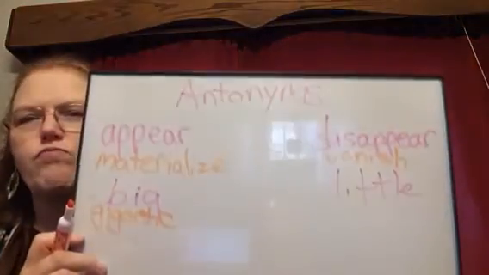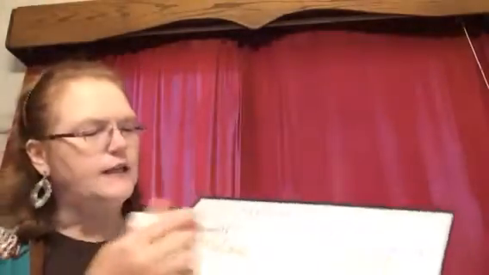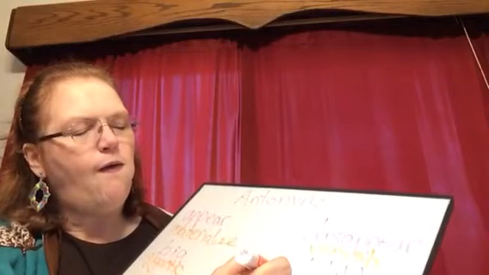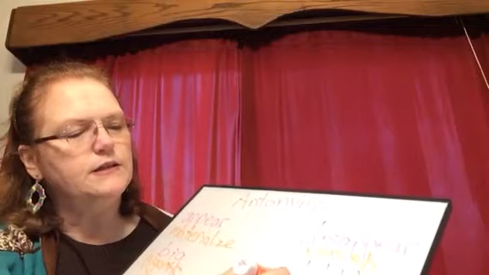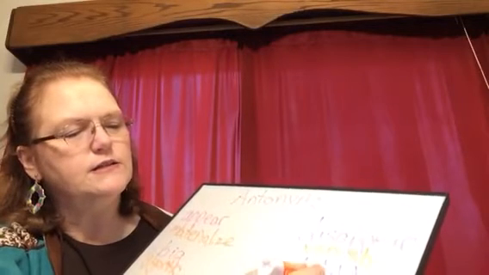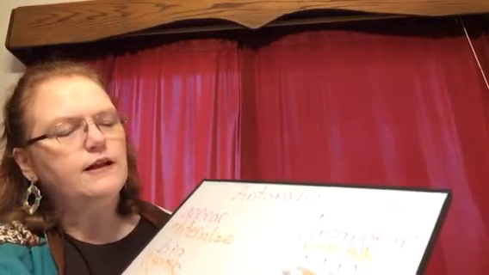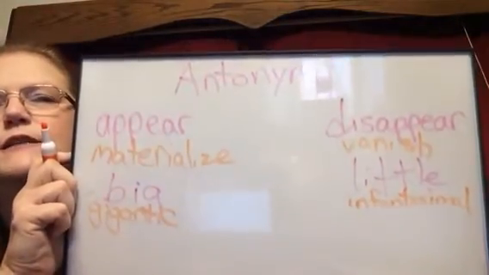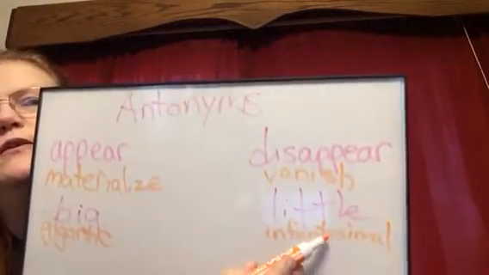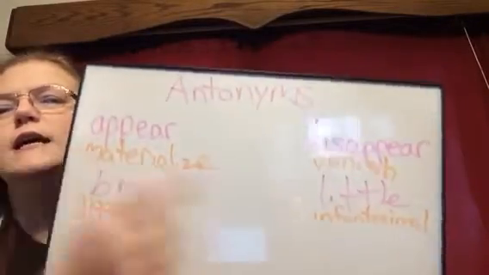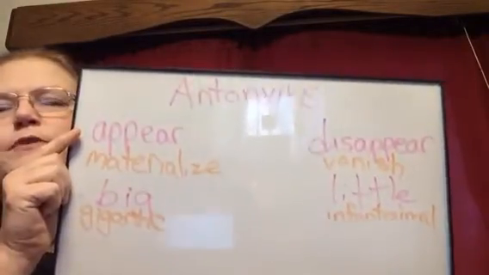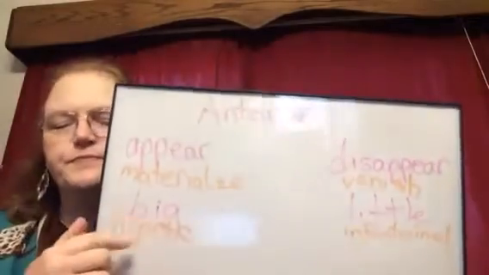And little would be, I think there's a word infinitesimal, but I don't know how to spell it. I have no idea if that is spelled correctly, but I'm going to put it on there. Gigantic and infinitesimal. That means really small, like you see the word infant sort of there at the beginning. So gigantic and tiny, infinitesimal. Those are opposite of each other.